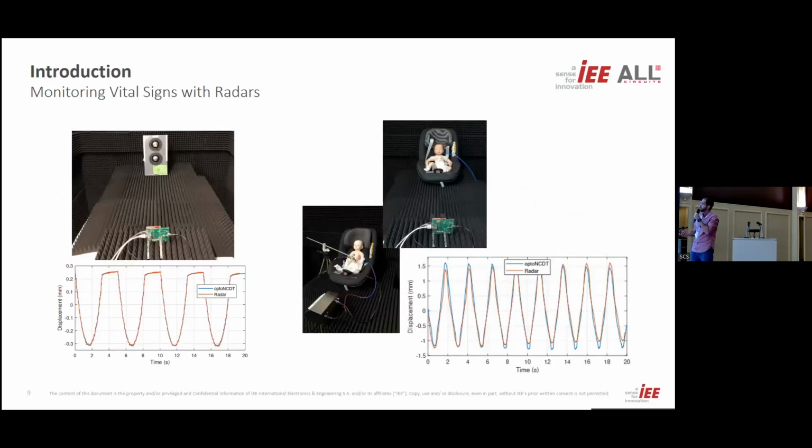Just a few experiments, and here we can see how precise the radar can be. This is a speaker device, set up so that the membrane is moving back and forth like the chest. Here we were comparing the movement that we see from the radar with the movement that we see from a laser device.